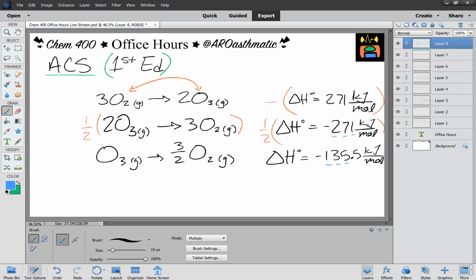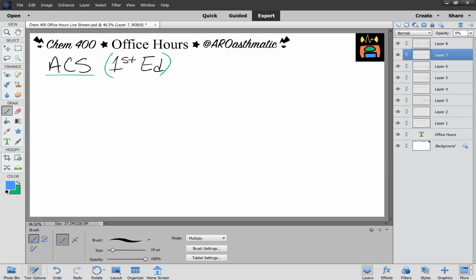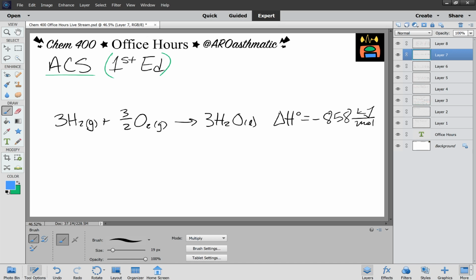And now I'm going to add this equation to this page.